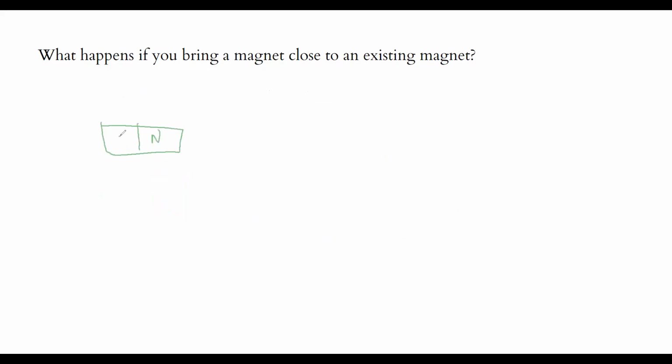If we bring a bar magnet like this to another bar magnet with north and south poles in this manner, what is going to happen? Are they going to repel or attract?